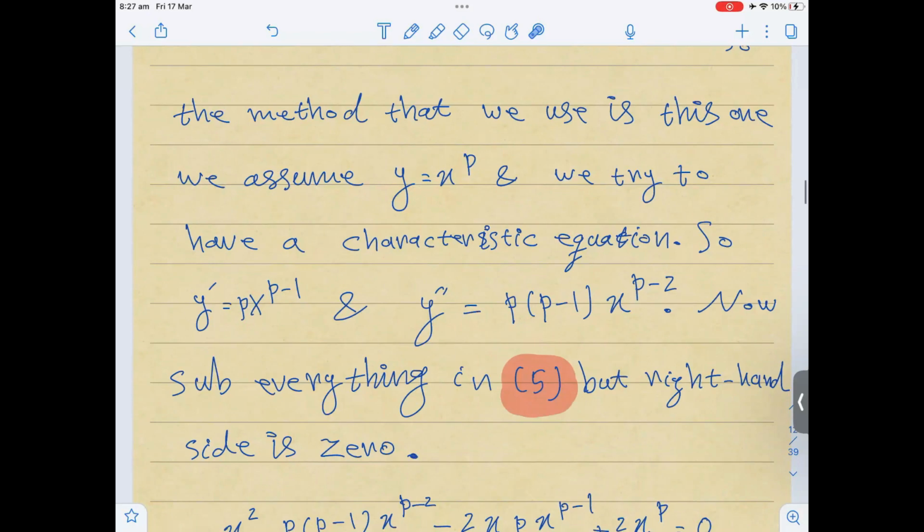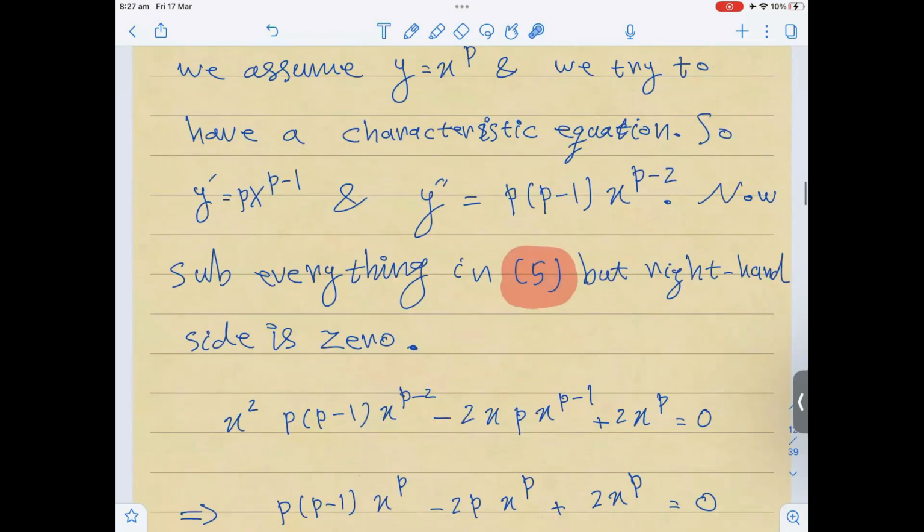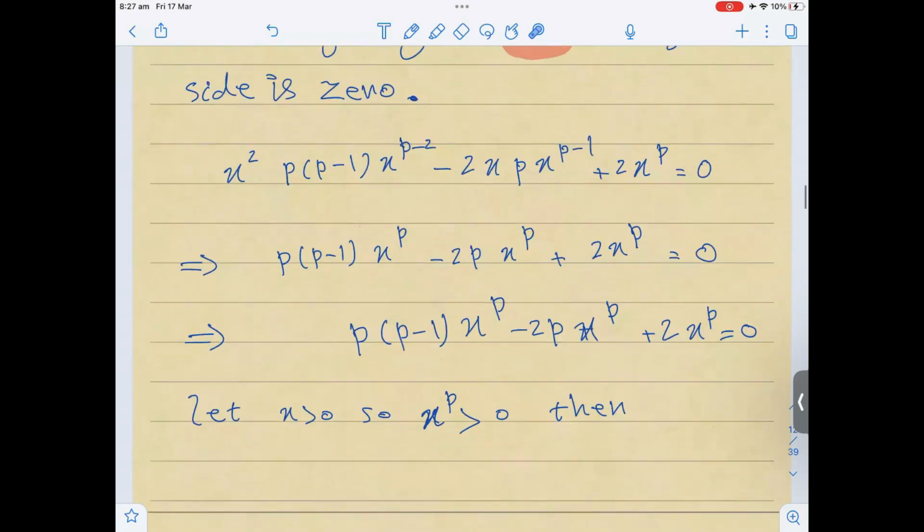Then you will sub inside the ODE. So x squared, instead of y double prime, I've got this one. y prime is this one, and this is y. After some simplification, I will get this one. Let's assume that x is bigger than 0. Therefore, x to the p is bigger than 0.